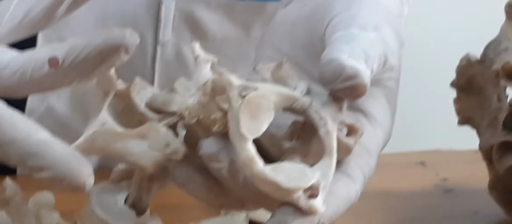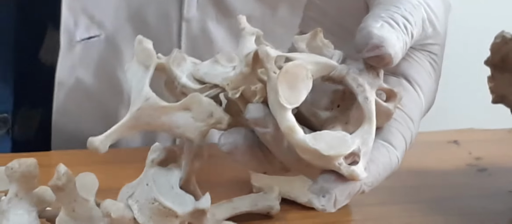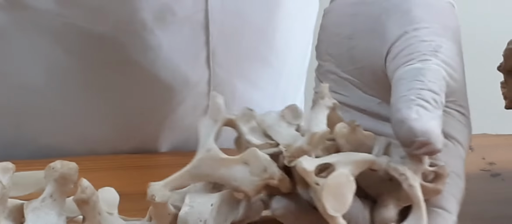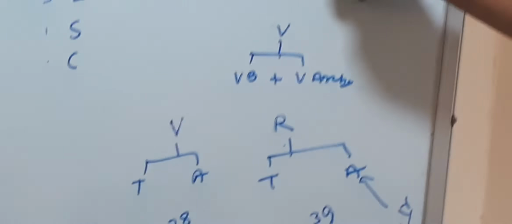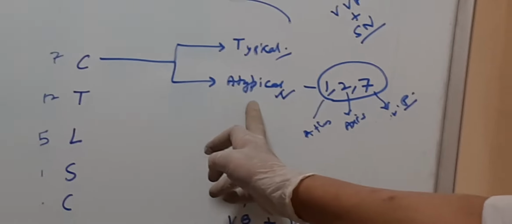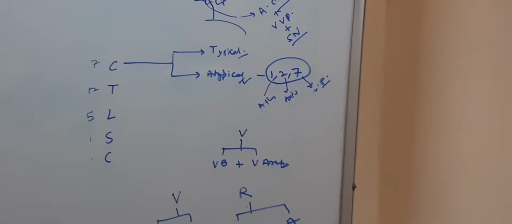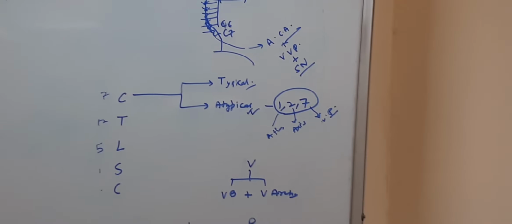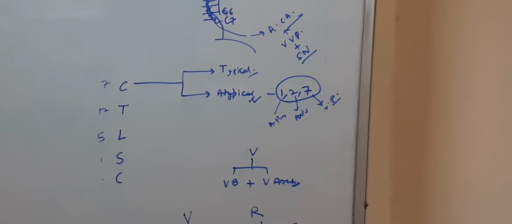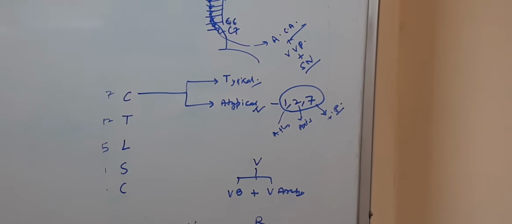Now coming to cervical vertebra. We have got 7 cervical vertebra. They are divided into typical and the atypical cervical vertebra. Typical, which everyone has got similar feature, they are considered as typical, and atypical are those which have got some unique feature in it.